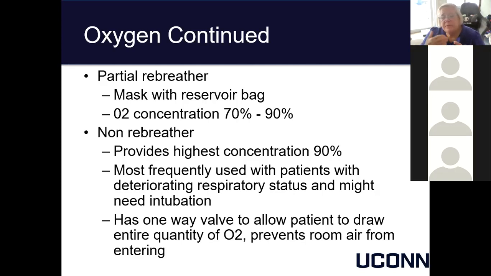So you're not able to provide consistently 100% oxygen concentration, even though that might be what's blowing through the source. A non-rebreather also still has a reservoir bag, but it doesn't have holes in the face mask. So you really are getting the highest concentration without an artificial airway or mechanical ventilation using a non-rebreather.